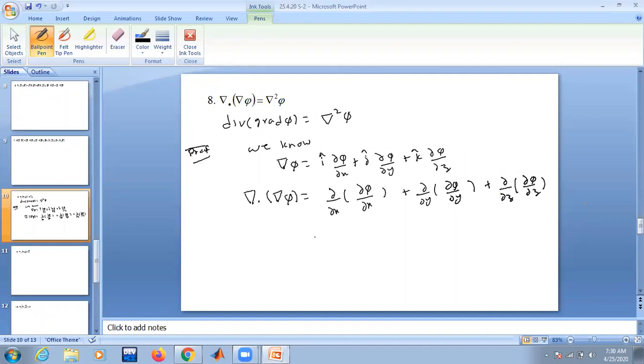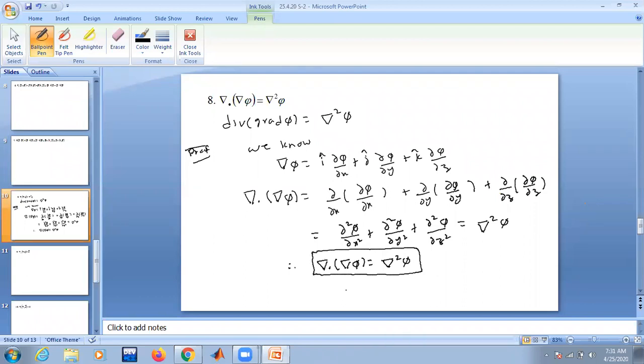Okay, so when you simplify, this is nothing but ∂²phi/∂x² plus ∂²phi/∂y² plus ∂²phi/∂z². But this is nothing but del square phi. Therefore, we proved that del dot of del phi is equal to del square phi.